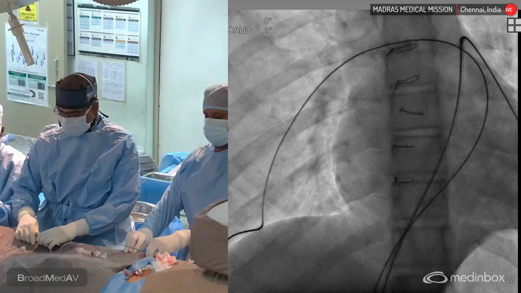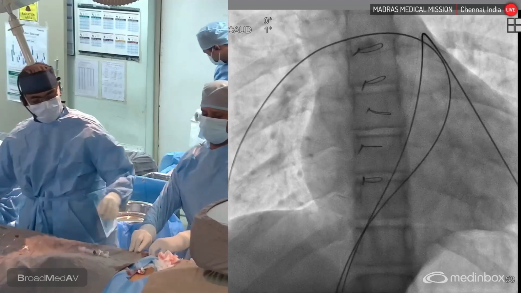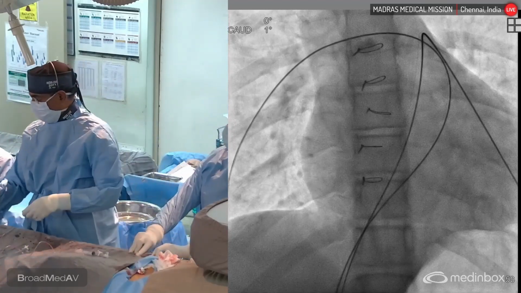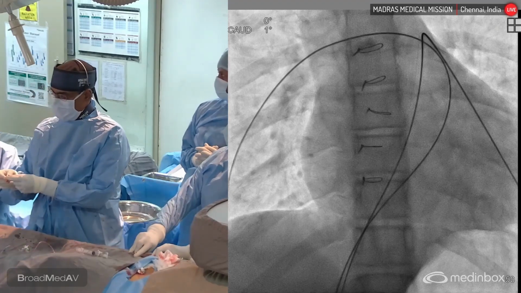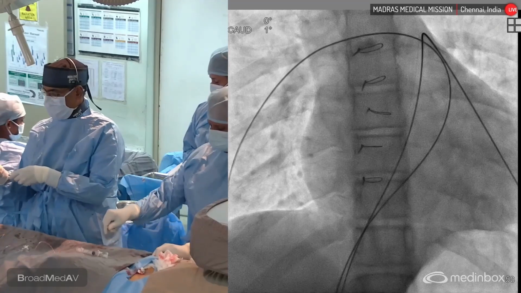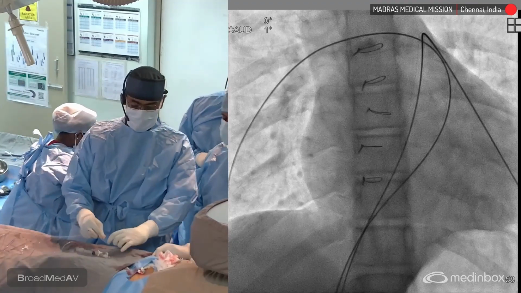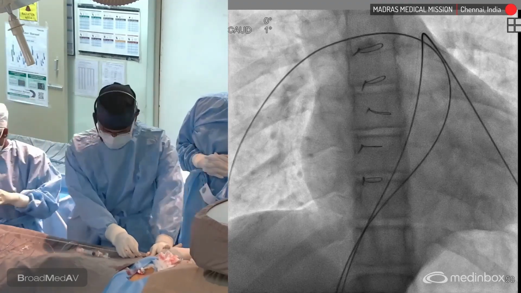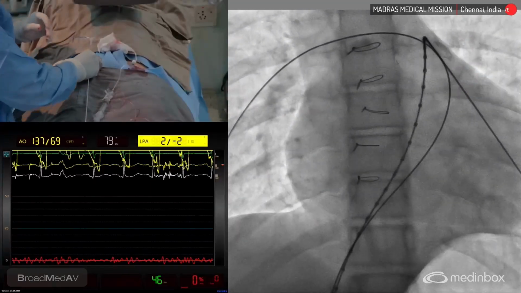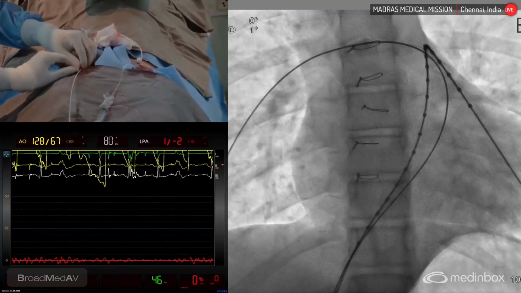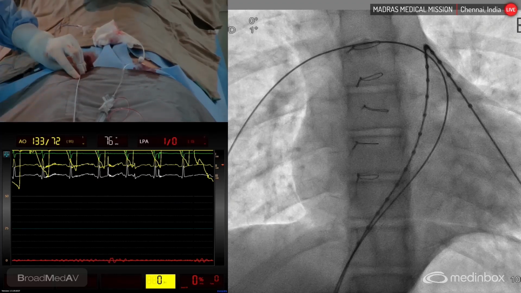I am going to advance a marker pigtail, which will enable us to have a measurement marker. And through the other catheter, we'll advance the pigtail.